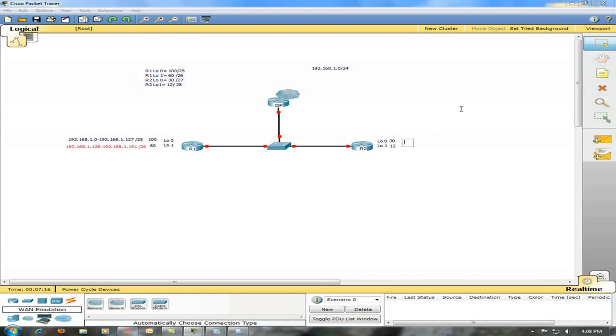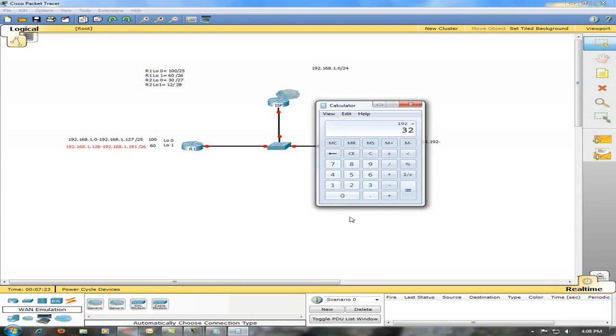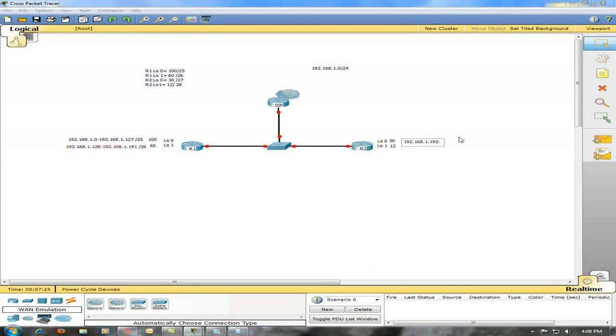Our next one will start at 192.168.1.192 and it will go to 224.